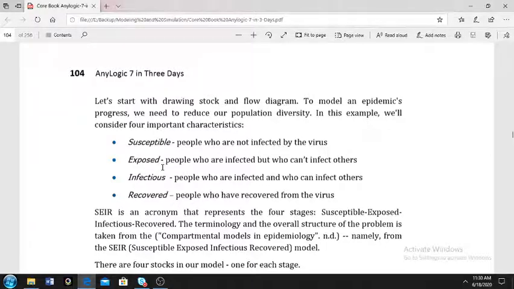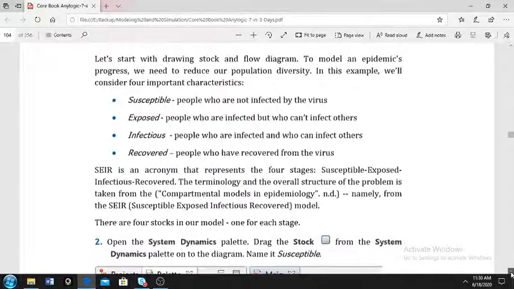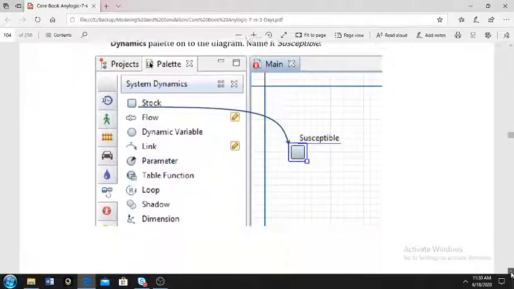Exposed, you are infected, but you cannot transmit it to others. Infectious is when you are infected and you can transmit it to others. Recovered is when you have recovered from the disease. So you understand that here we have four states, and these states represent the stocks. You get that? Good.